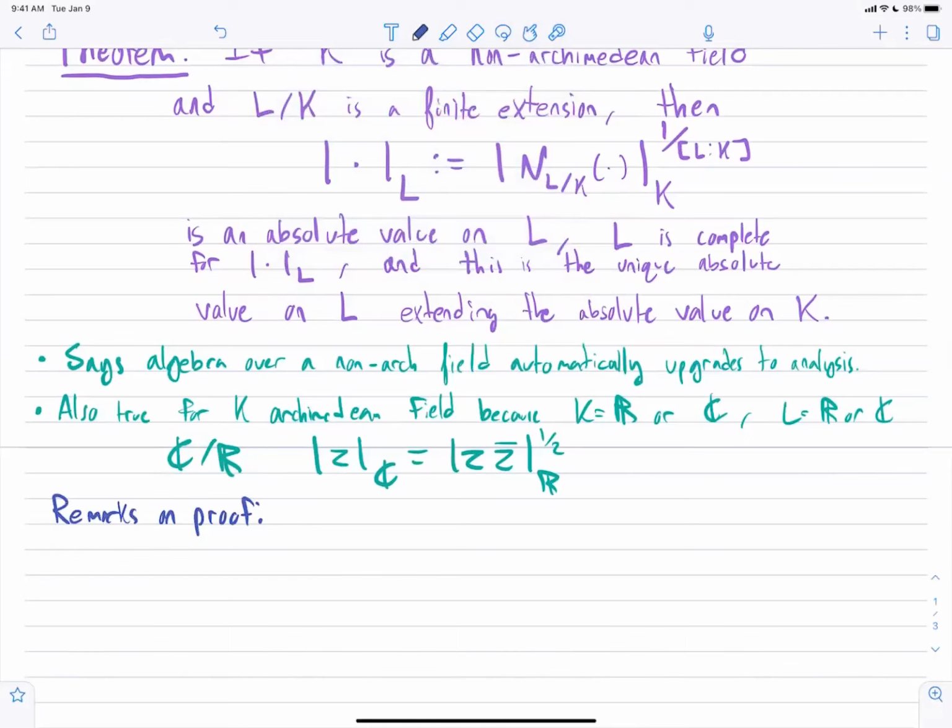Well, the first remark is that it's easier for DVRs, so easier if this is a discrete valuation. Discrete just means it takes values in a discrete subgroup of the positive real numbers under multiplication, or if you take the logarithm, a discrete subgroup of the real numbers.